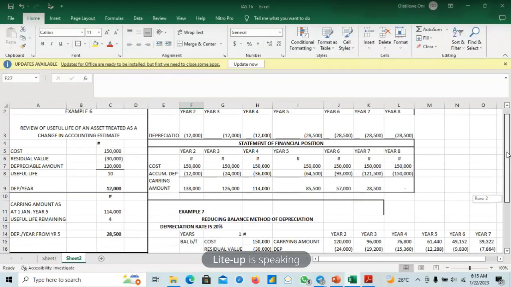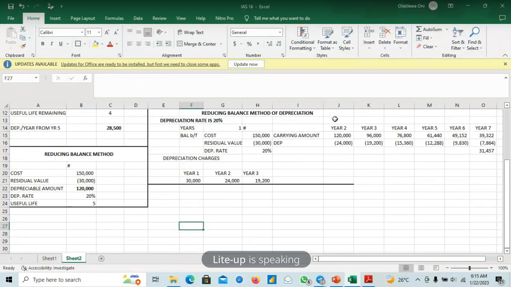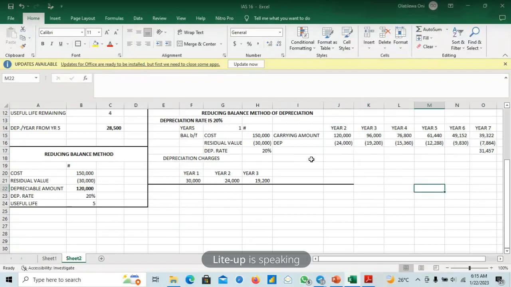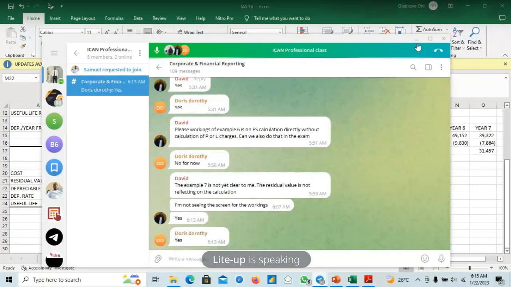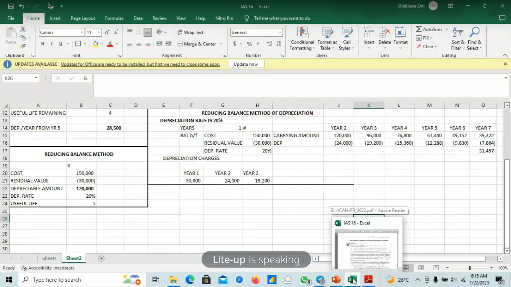Even in their past questions for FR and CR, they are no longer testing that. I think the last time they tested this was maybe when you were in school and maybe at the ATS level. They actually use the straight line method, which is the commonly used depreciation method in practice.